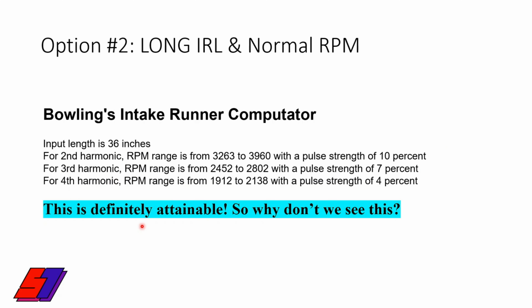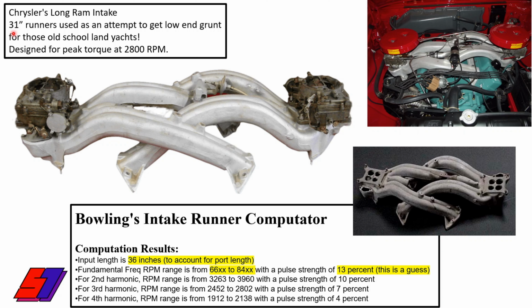So Chrysler, those crazy guys back in the 60s and 70s, they created the long ram intake, which had 31-inch runners, and I think they had a short ram which was maybe 25 or 26-inch runners. I'm not really sure. These intake manifolds developed some pretty tremendous torque, and you think about the size of the Chrysler cars back then, the land yachts, they needed a lot of torque, and I'll tell you, this thing makes some ridiculous torque.